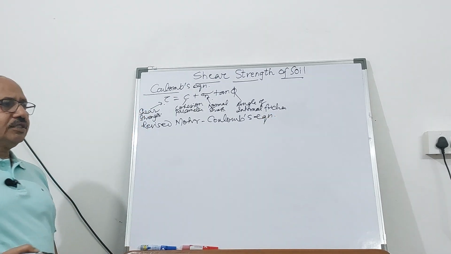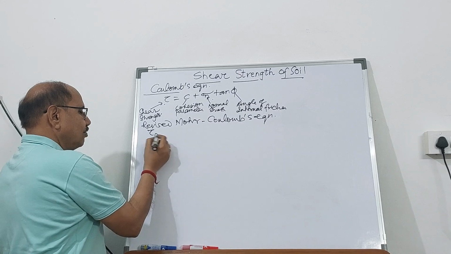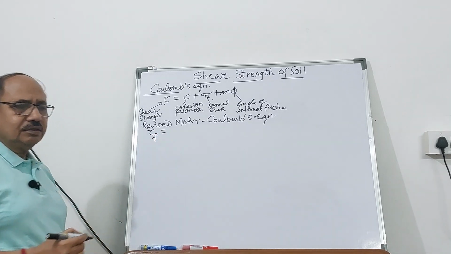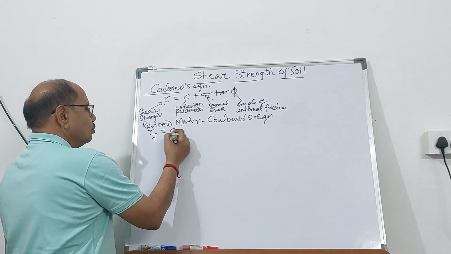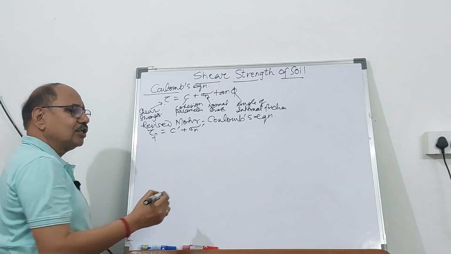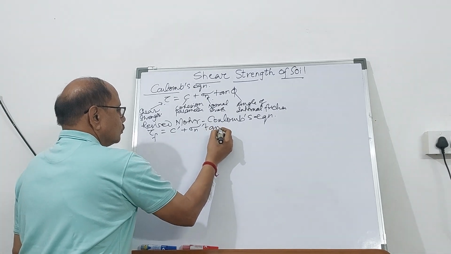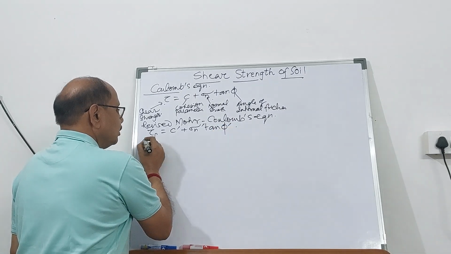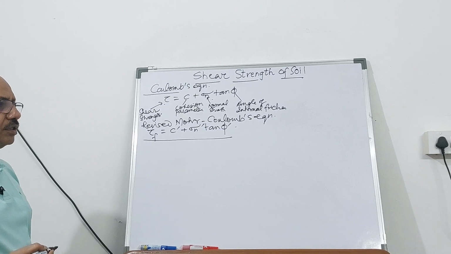It is a very famous equation which all of us know, that the final or ultimate shear strength is equal to C prime plus sigma n prime into tan phi prime. This is a famous equation that we come across.